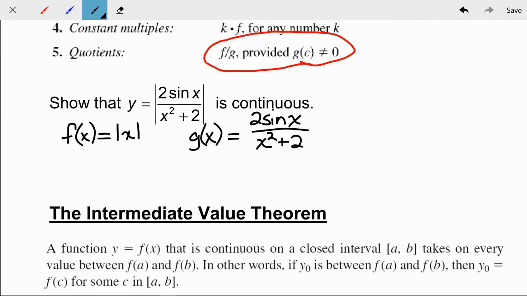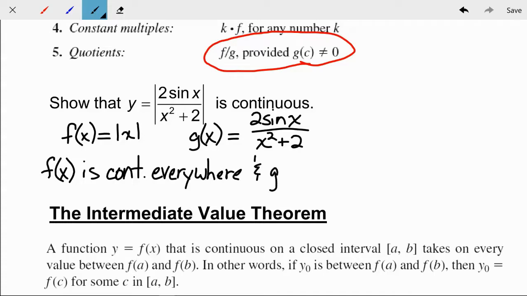And then look at the denominator. Is there anything in the denominator that would make it 0, which would make this rational expression undefined? There's nothing that would make it 0. So in the end, f of x is continuous everywhere, and g of x is continuous everywhere.